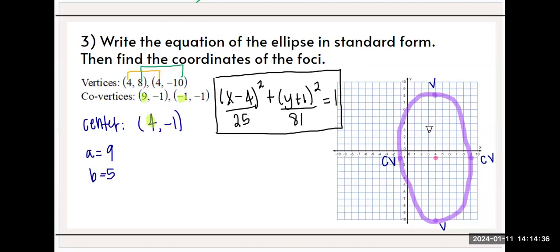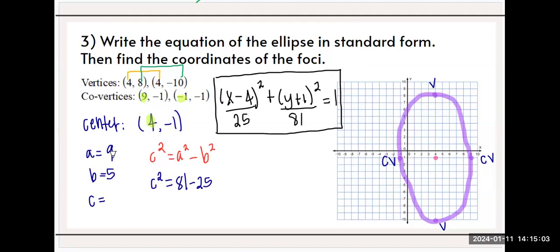To find exactly how far they are from the center, we need to calculate C. And remember, there was a formula. A squared minus B squared. So that's 81 minus 25.